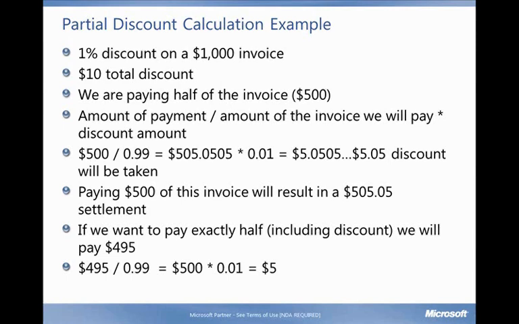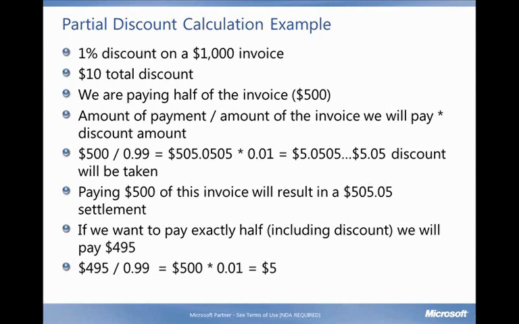That calculation alone will give us the total payment, our $500 and a $5.05 discount. To find the discount amount, we take that times 1%, which is our discount amount, and we get $5.05. So a $5.05 discount plus our initial $500 payment will result in a $505.05 settlement.